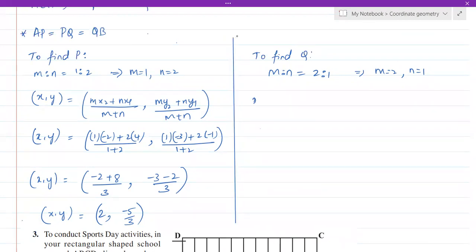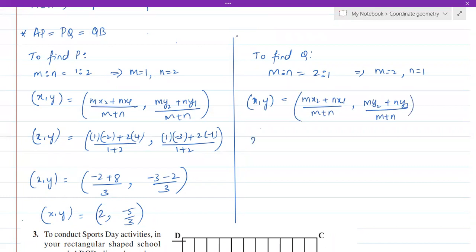The formula is x comma y is equal to (mx2 plus nx1) divided by (m plus n), comma (my2 plus ny1) divided by (m plus n).